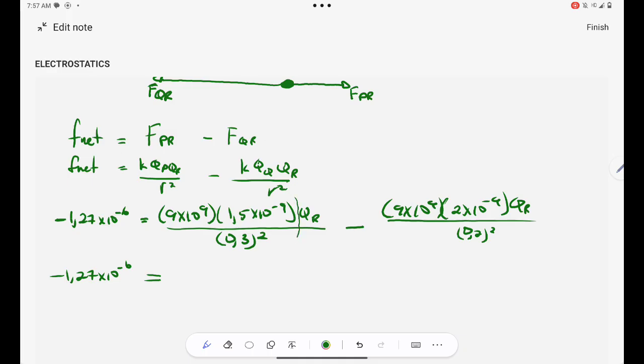Please punch all of this, guys, into your calculator. You'll simply have 9 times 10 to the power 9, and then 1.5 times 10 to the power negative 9, all over 0.3 squared. So this will just give us 1.5 times 10 to the power 2 multiplied by QR. Minus, do the same thing over there.